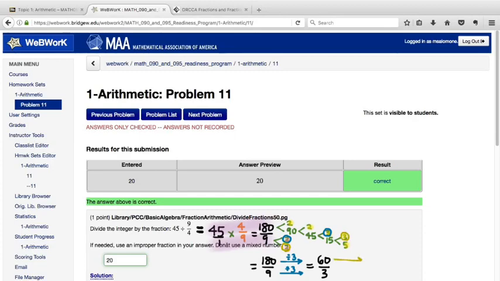We can do it one more time, and thereby arrive at 20 over 1. Because of what we know about fractions with 1 in their denominator, we can rewrite that as a whole number. In the reverse way of when we convert a whole number into a fraction, we can convert that fraction into the whole number 20.